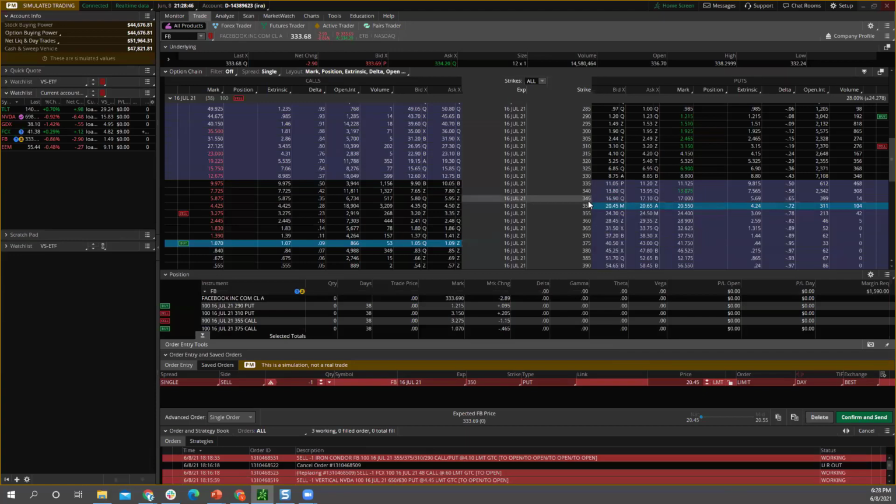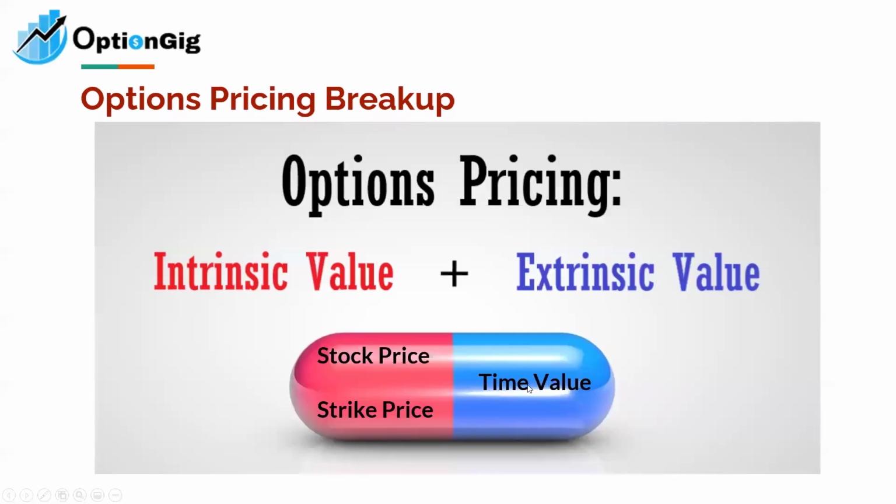But the overall price, what we see right now, is $20.45. If I look at the difference between 333.68 and 350, it is around $16.32. But the option is priced at $20.45. Where is the rest of the money coming from? That is what is called extrinsic value or time value.